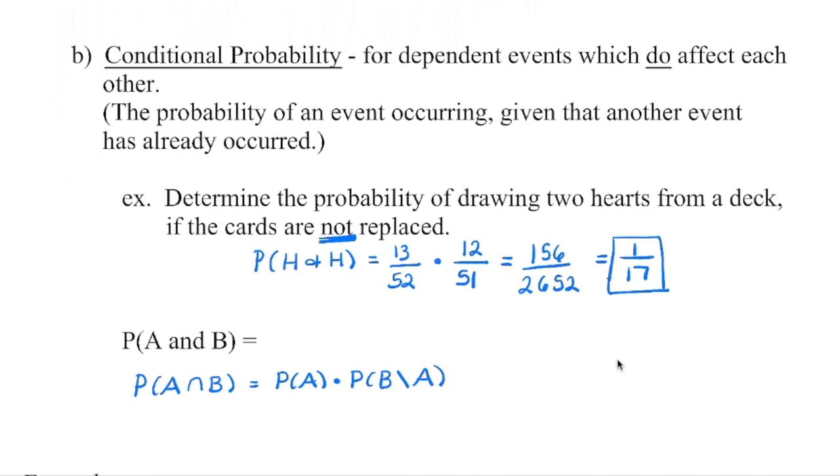In set theory, the second term says B but not A. Because we're dealing with probability now, we actually say the probability of B given that A has already occurred. That's the one notation that's different from set theory to probability.